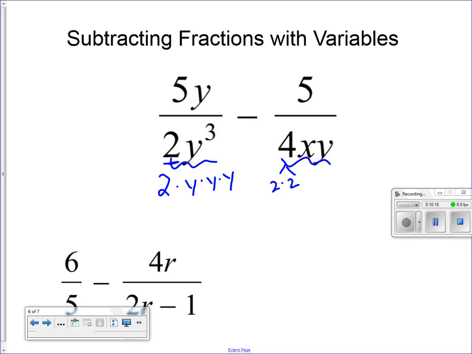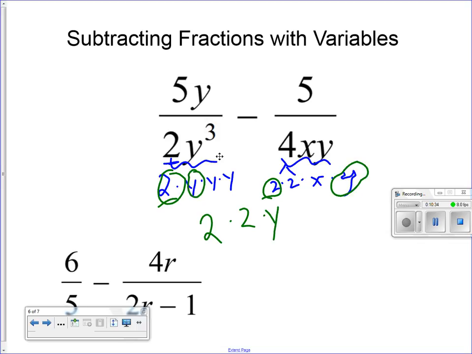So if I write this out, just like we did with the numbers, the factors that are repeated, we only need to write once. This other 2, bring it down. Anything that's not repeated, you'll bring down. This y that's repeated, we only need it once. Bring down the other 2 y's that aren't repeated. And then bring down the x.